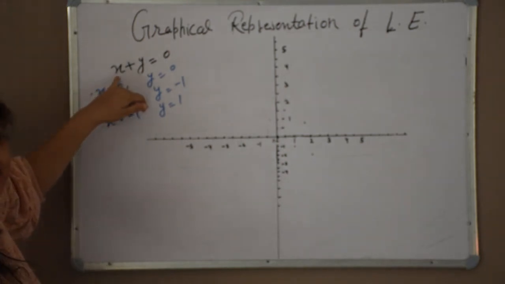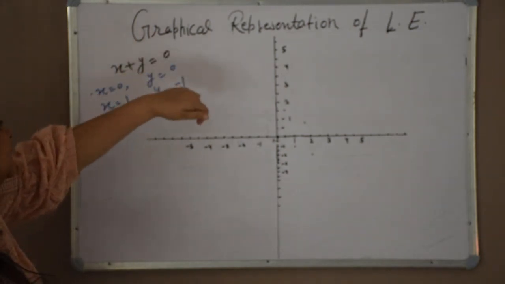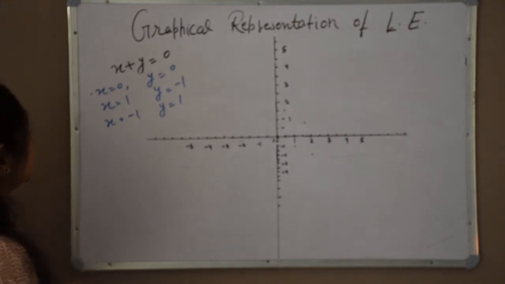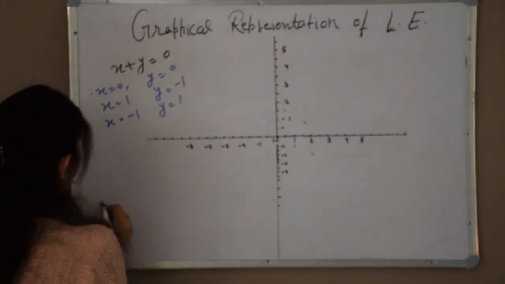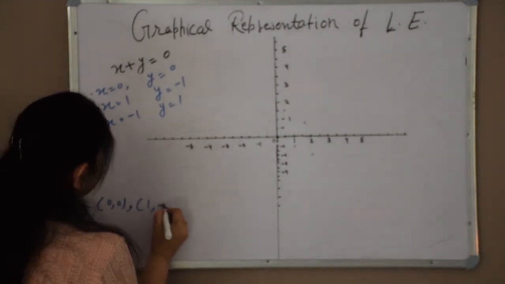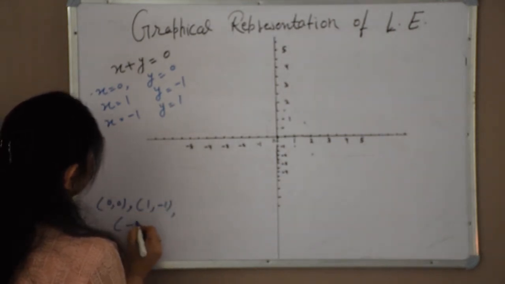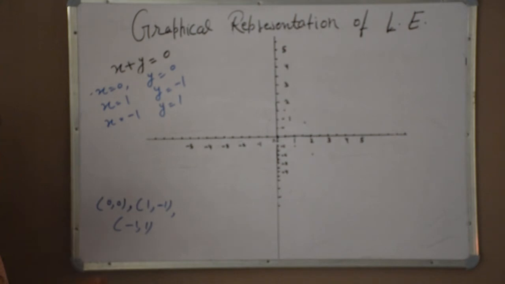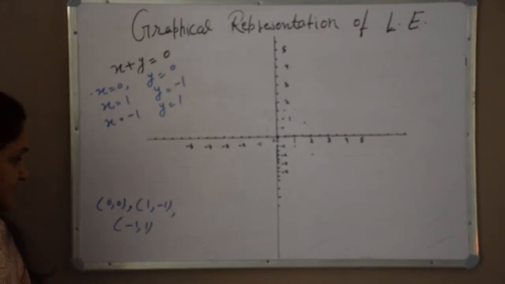Minus 1, if I am taking this, it will go that side, and y is equal to 1. So our 3 ordered pairs, that is 3 solutions, are (0, 0), (1, minus 1), and (minus 1, 1). I told you earlier that 3 solutions are sufficient to plot the graph of a linear equation in 2 variables.